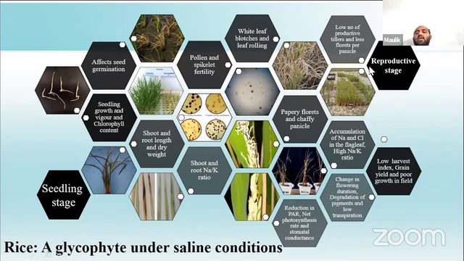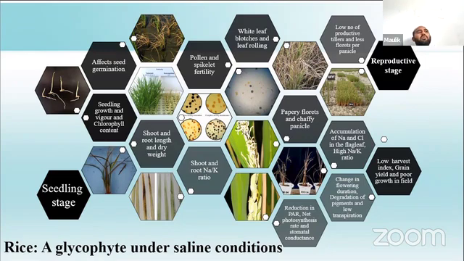At the reproductive stage, you see papery florets and chaffy panicle. There is accumulation of sodium chloride in the leaflet, high sodium potassium ratio, and reduction in photosynthetic active radiation, net photosynthesis rate and stomatal conductance. So photosynthesis and stomata are all reduced, and after this the productivity is very low.